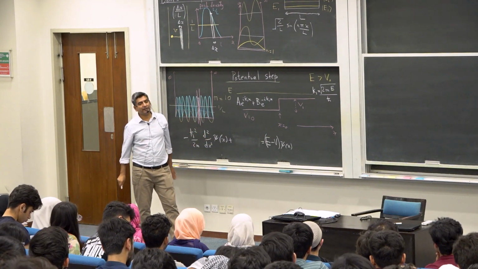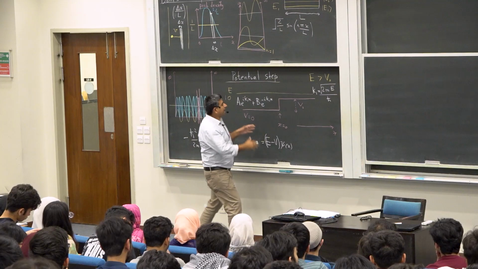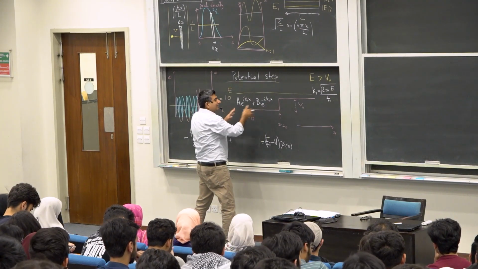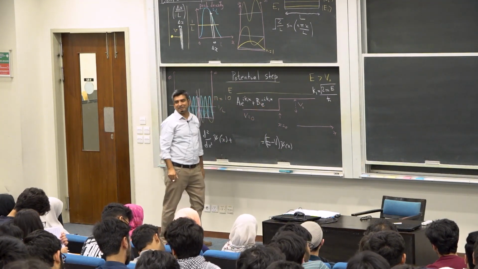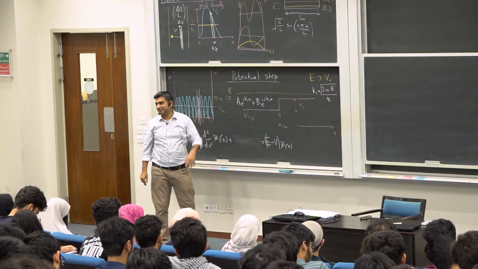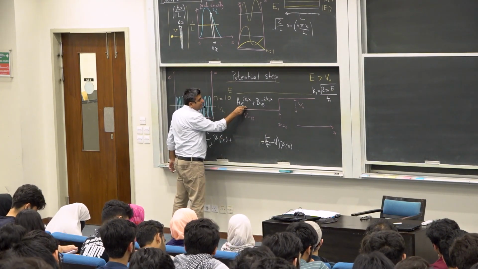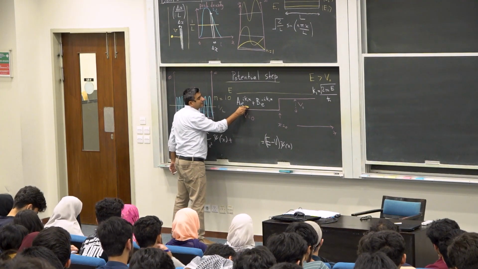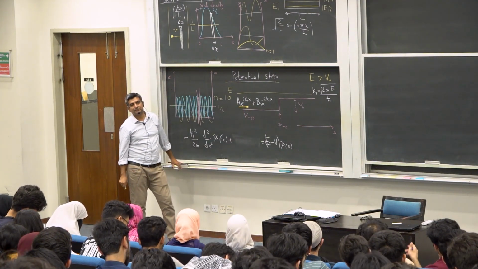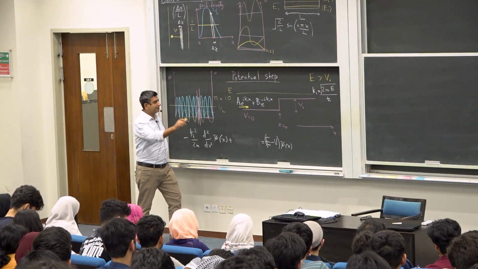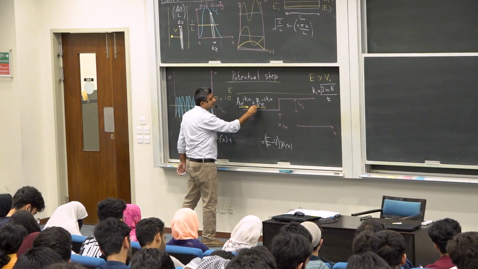We've solved it already. Just ignore this part. In this part, this is the wave function. It's an oscillatory function, and its modulus square will look like this.